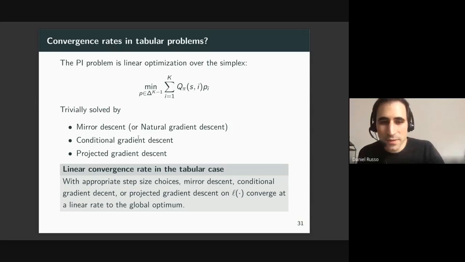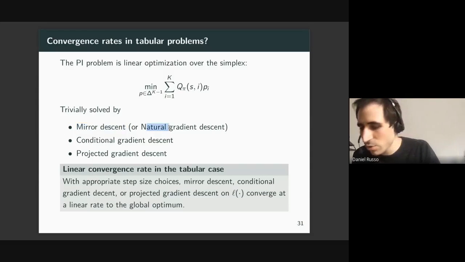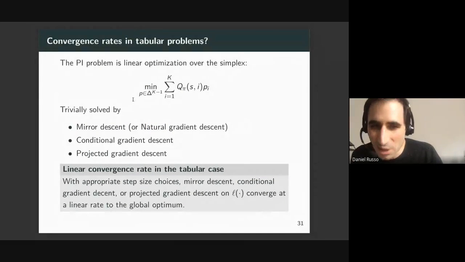The only exception there is that we do look at something like mirror descent, which turns out to match natural gradient descent in this case. So somehow mirror descent in the natural parameterization in this very special case is kind of the same as natural gradient descent with the softmax.